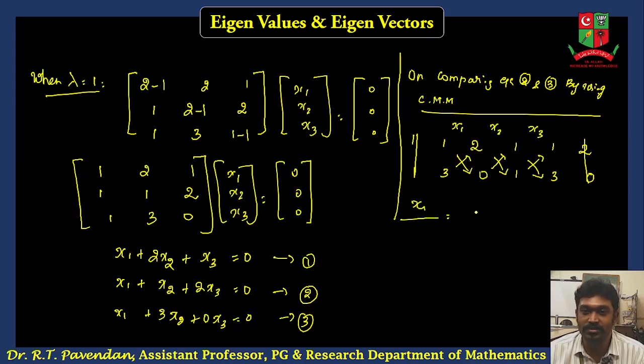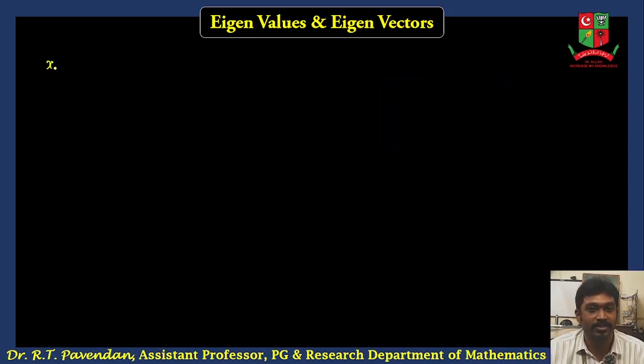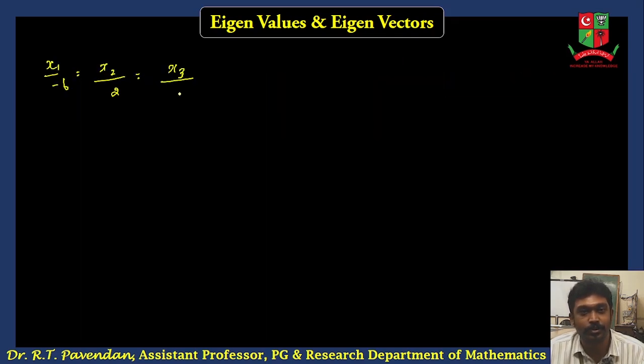So the x1 value is obtained by cross multiplying these values: 1 times 0 minus 3 times 2, so we get 0 minus 6. For x2 we get 1 times 2 minus 0 times 1, that is 2. For x3 it is 1 times 3 minus 1 times 1, that is 2. So we get x1 divided by minus 6 is equal to x2 divided by 2, which is equal to x3 divided by 2.